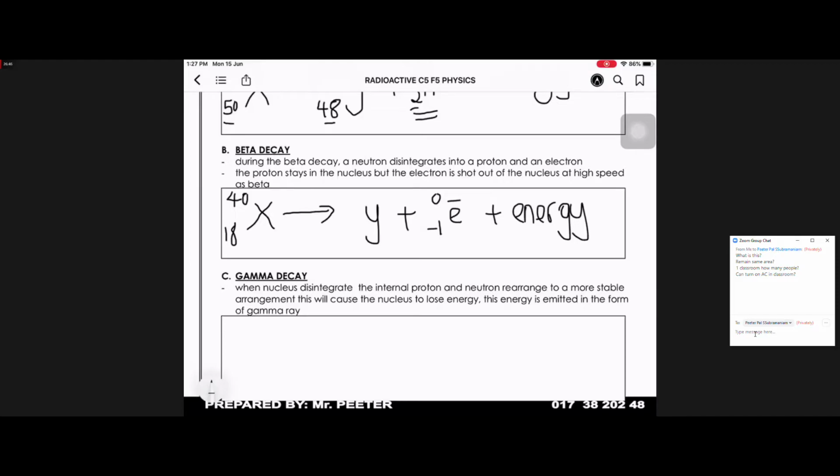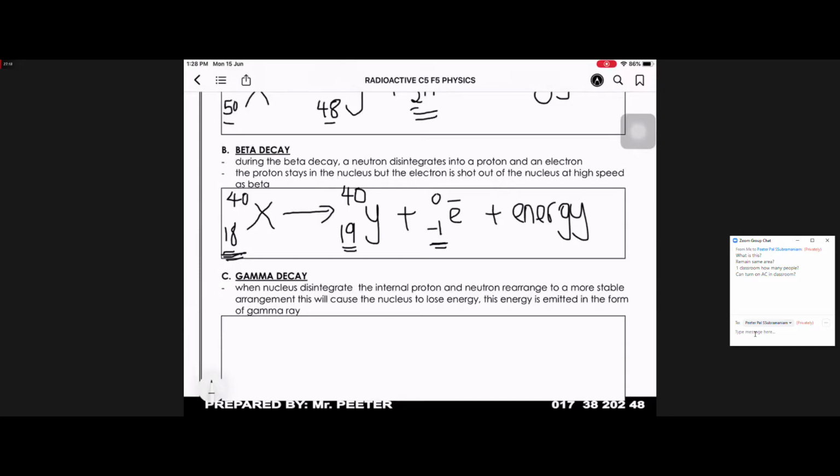So what happened to the nucleon number? The nucleon number remained the same. To get back 18, we have 19 here. So 19 minus 1, you get back 18. So every time the nucleus decays, it forms one extra proton. Remember just now in the video, one neutron splits to form one proton and one high-speed electron called beta.